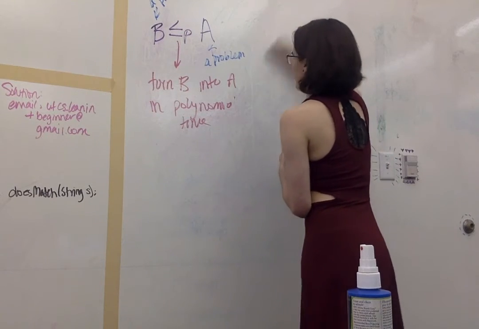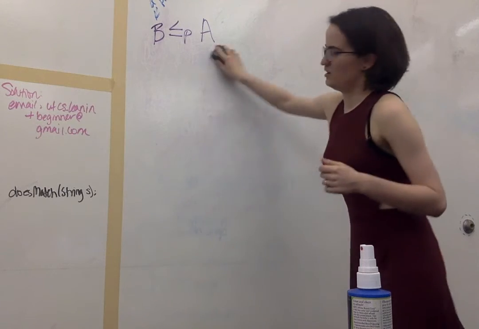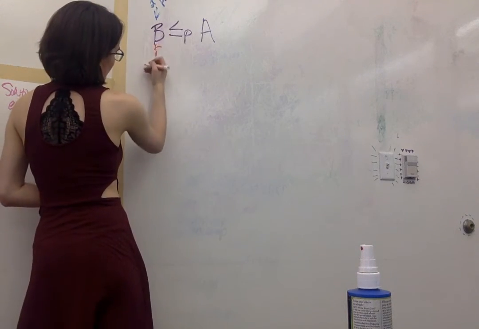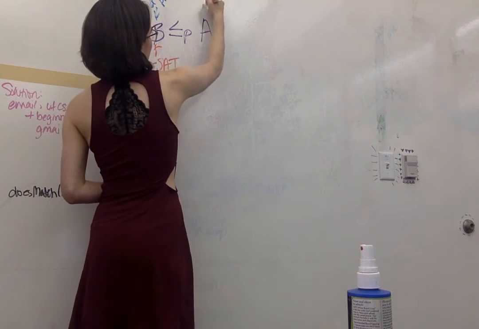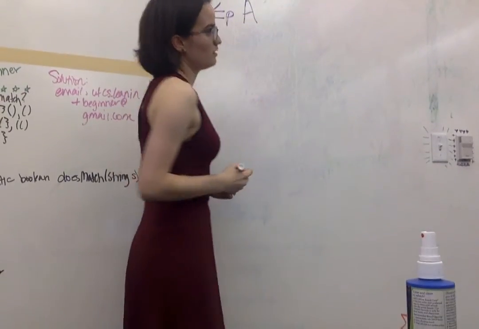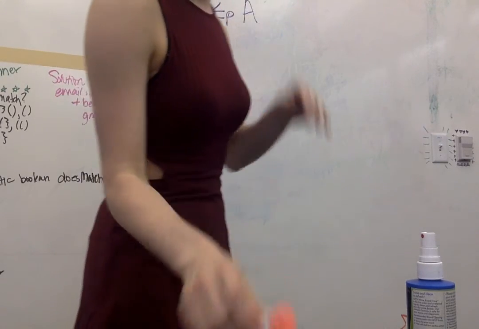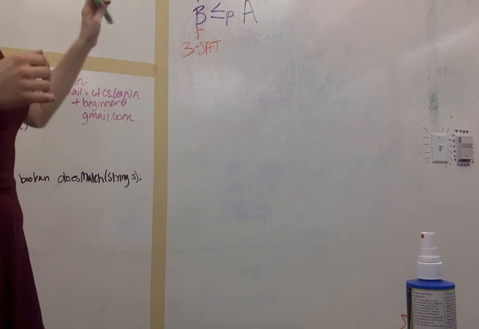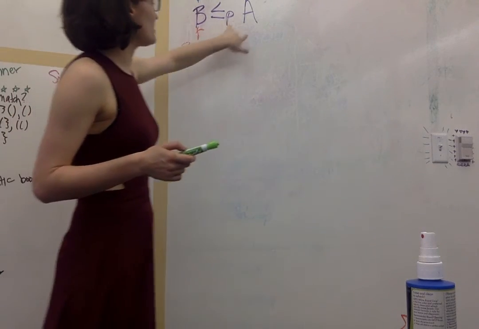Okay. So I'm going to leave this up here because we're going to use it. So the example we're going to do is that B is 3SAT and A is 3 colors. So the problem is 3SAT, and we're going to reduce it to 3-coloring.